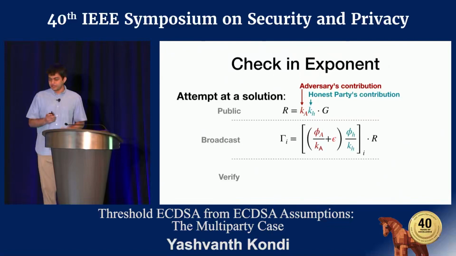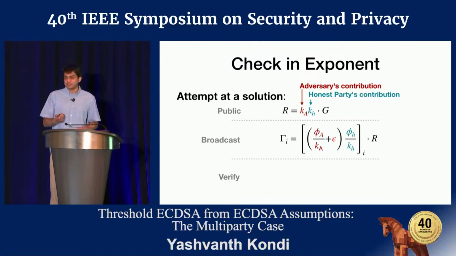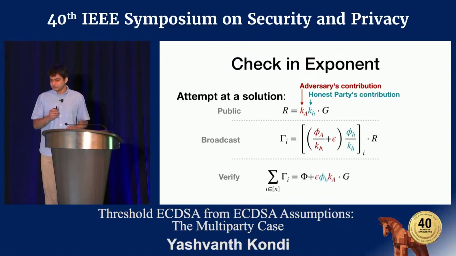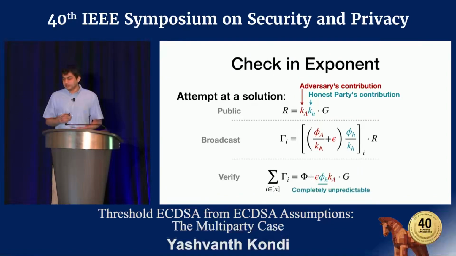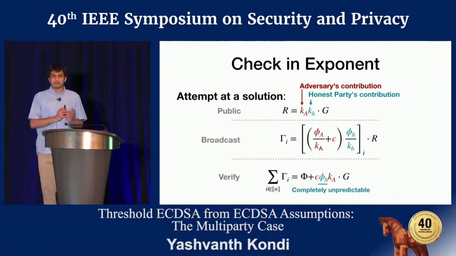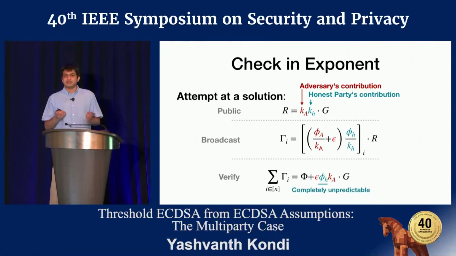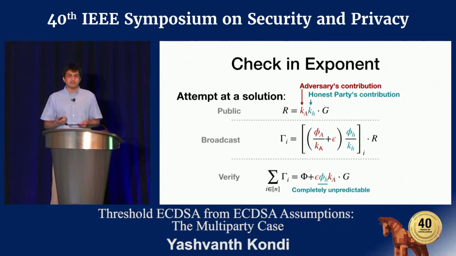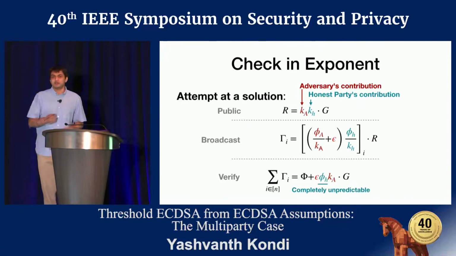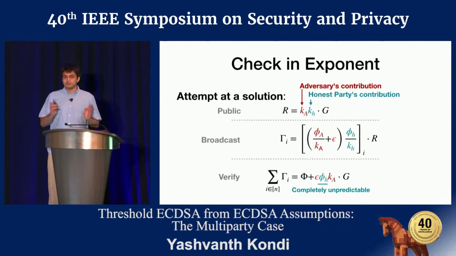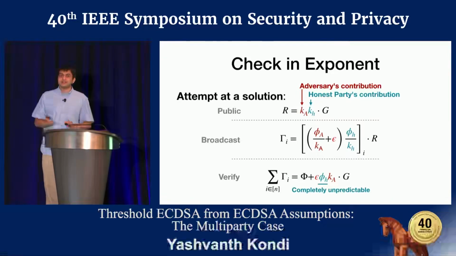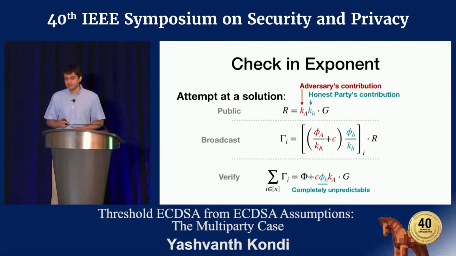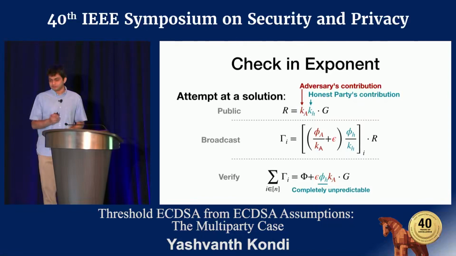Now, if we see what happens when there's an additive cheat in the adversary's contribution, the ultimate value that it's going to induce as an offset, specifically what the adversary has to compute in order to be able to get away with the cheat, is now a function of phi as well, which the adversary doesn't know when he commits gamma i. So this makes sure that essentially with probability 1 over the size of the field, the adversary can't get away with putting any kind of additive cheat in.